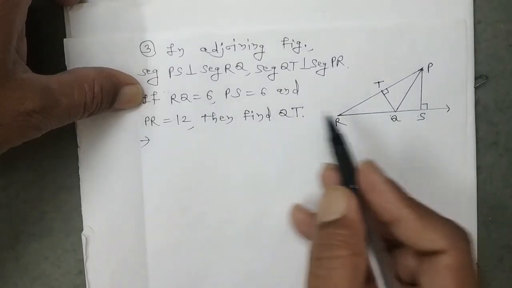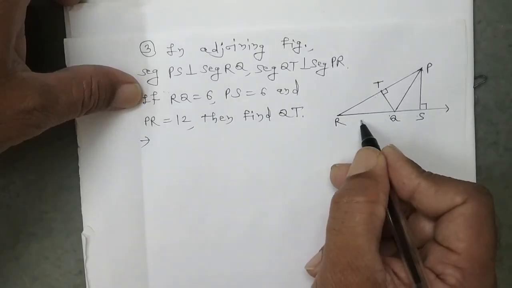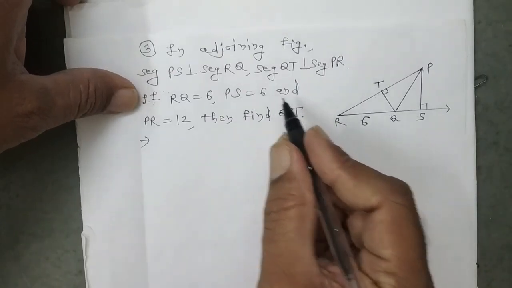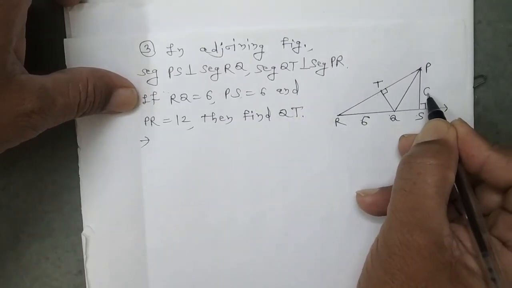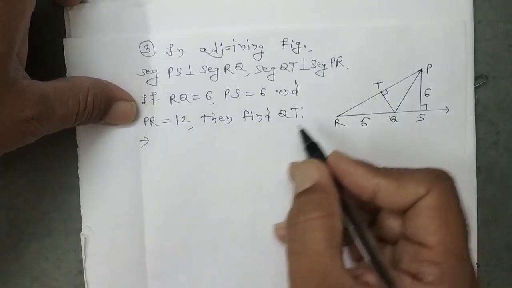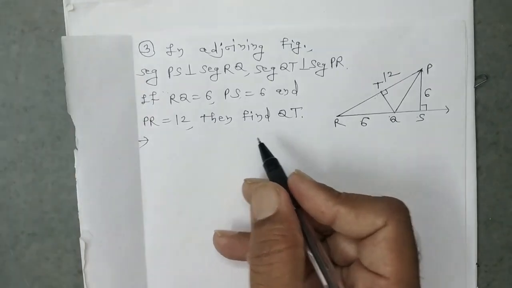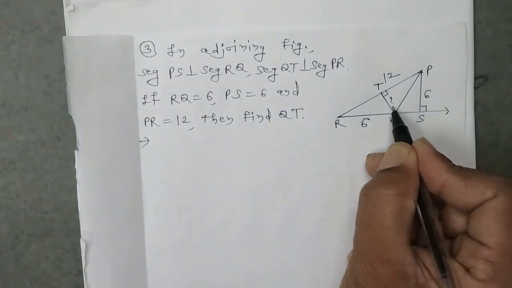If RQ is equal to 6, PS is equal to 6 and PR is equal to 12, then we have to find value of this QT.